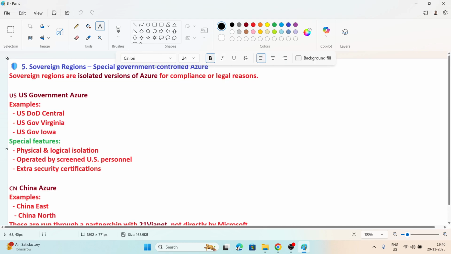Now there are some exceptions, like sovereign regions and special government-controlled Azure. Sovereign regions are isolated versions of Azure for compliance or legal reasons. I had explained this in an old video. There are some US government Azure regions, like US DoD Central and US Gov Virginia, with special features: they are physically and logically isolated, operated by screened US personnel, with extra security certification.